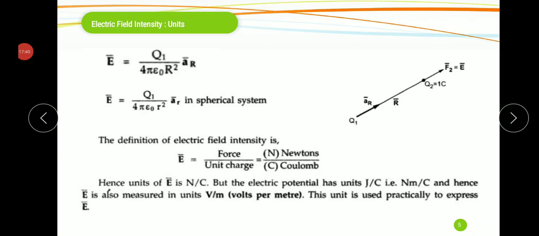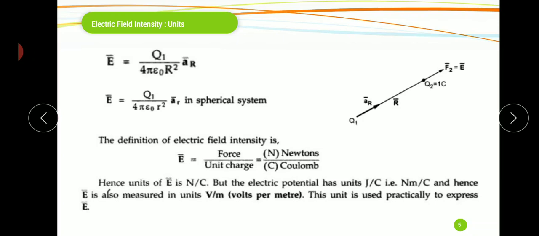The electric field intensity in the case of a spherical system is E bar equals Q1 by 4 pi epsilon naught r square A r bar. We already know the types of coordinate systems: Cartesian, spherical and cylindrical. The variables in the spherical coordinate system are r, phi and theta.